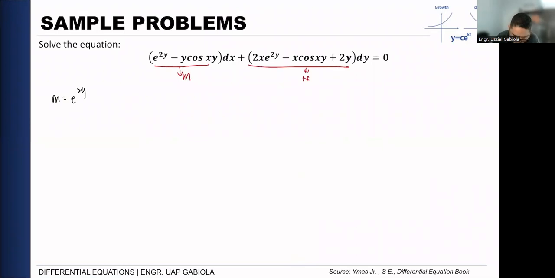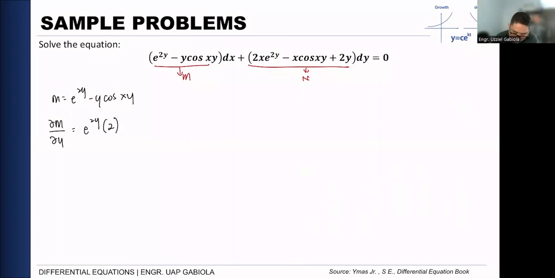So, partial of m with respect to y, what will be our answer? Ano yung first term natin? Derivative ng e or exponent is eu du, no? Since that is in terms ni y, so that is e2y times 2.